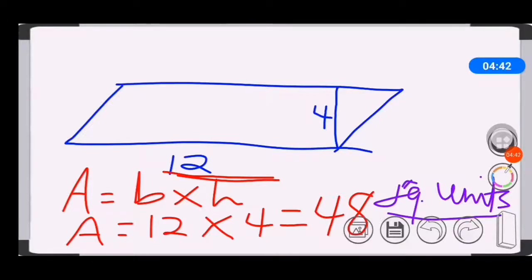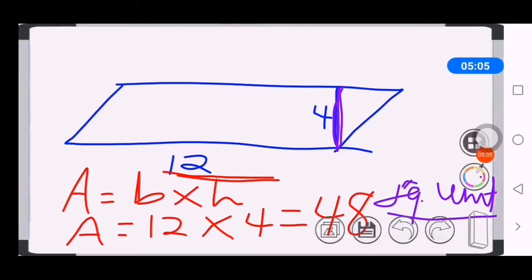Got it? Similar to a rectangle. However, in a rectangle, the base is called the length, and the height is referred to as the width or the breadth. For a parallelogram, we use the base and the vertical height, not this side slanted side.